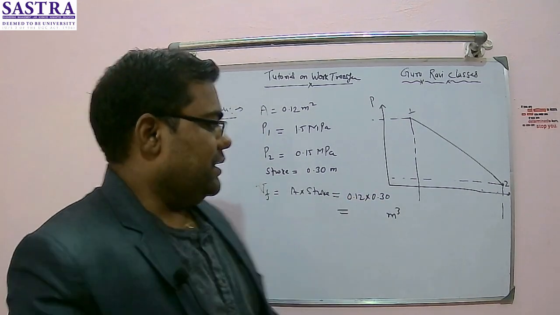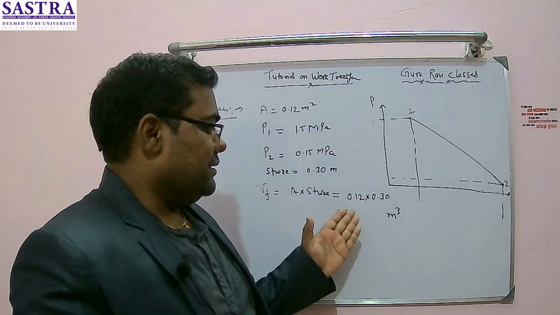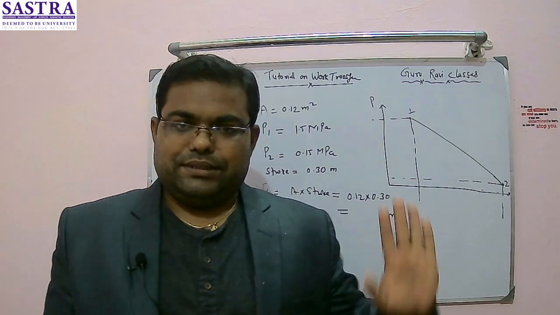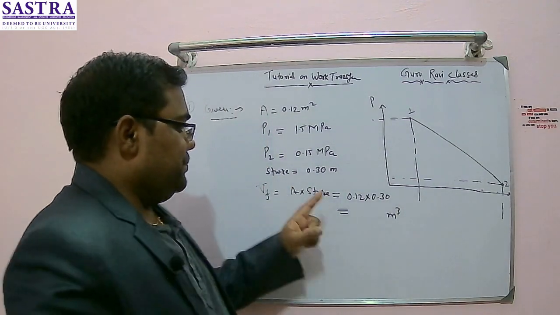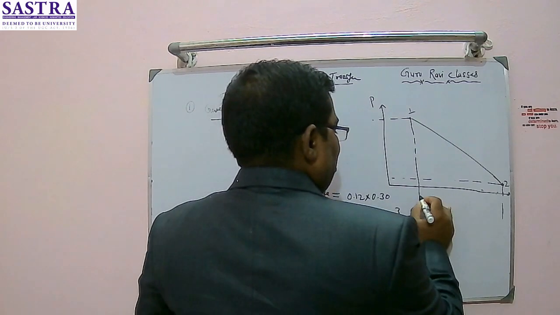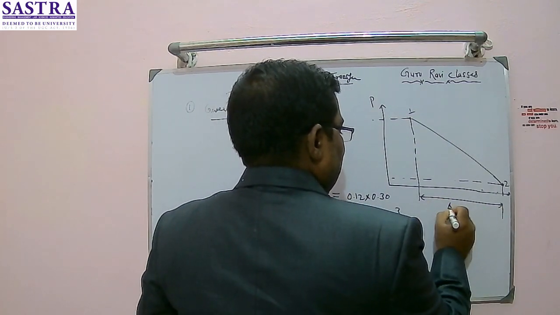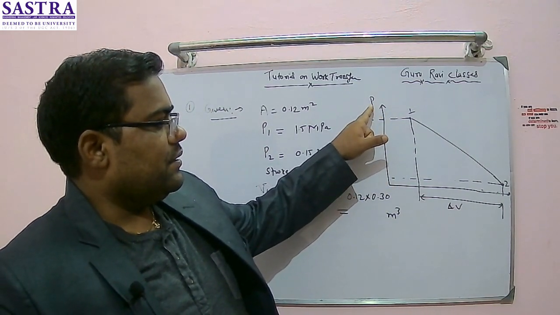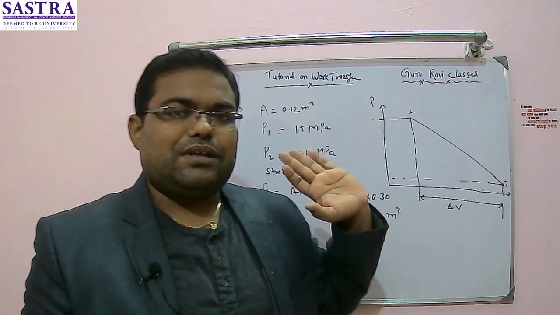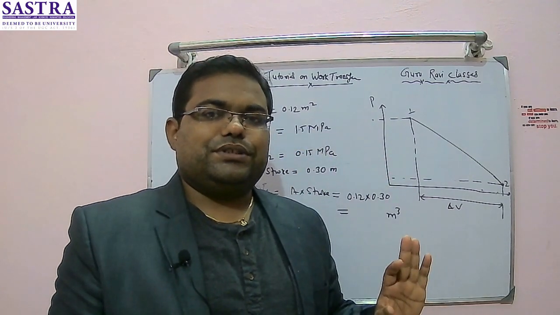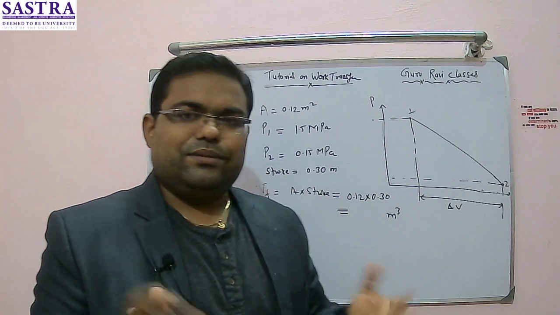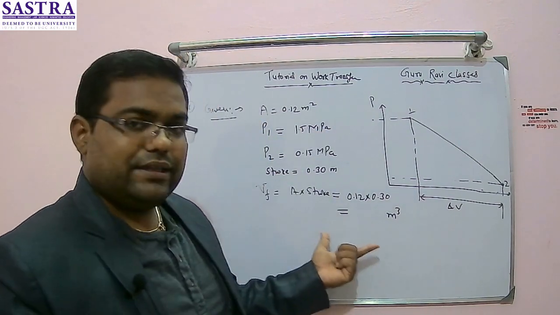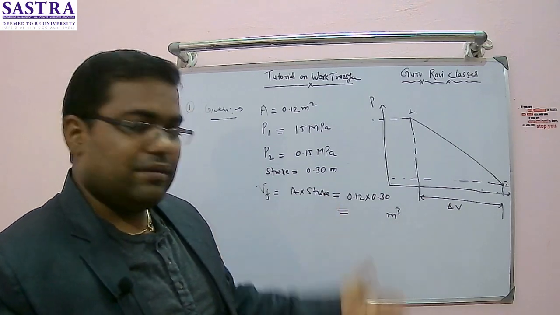How much is it coming to? 0.036. Now keep in mind that the initial pressure is much higher than the final pressure, so the initial volume can be neglected. We are neglecting the initial volume in this problem, so the final volume is the volume you get after multiplying these parameters.